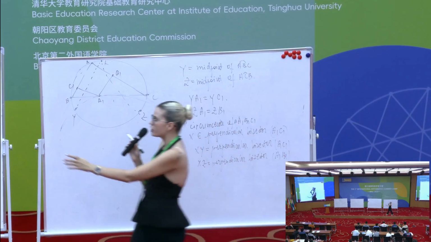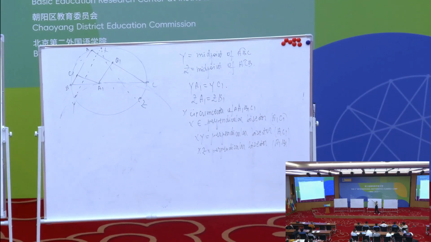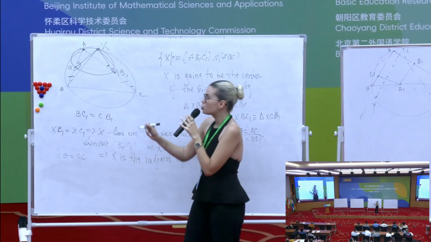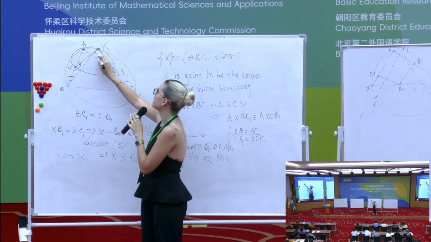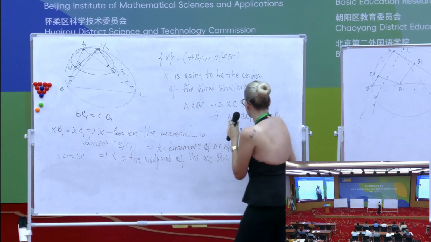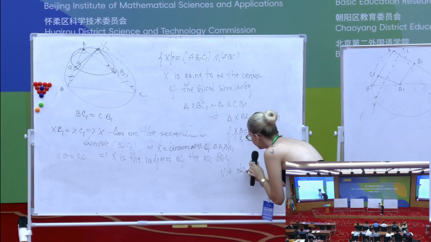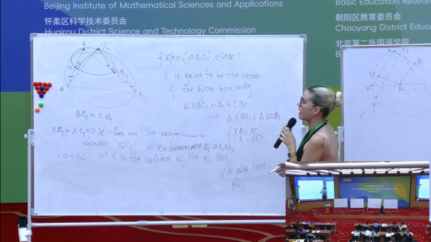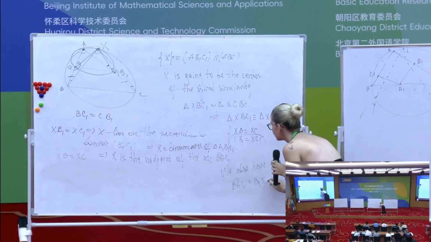So that's about XY and XZ. And also, don't forget from the way we defined the point X that AC1XB1 is cyclic. So your angle A right here is going to be equal to the angle X right there. So we also have BAC, which we can read as B1AC1, equals B1XC1.